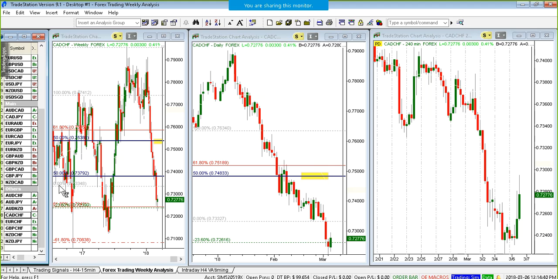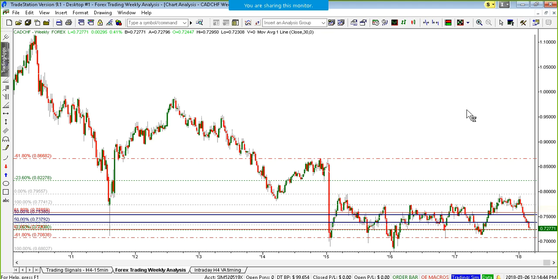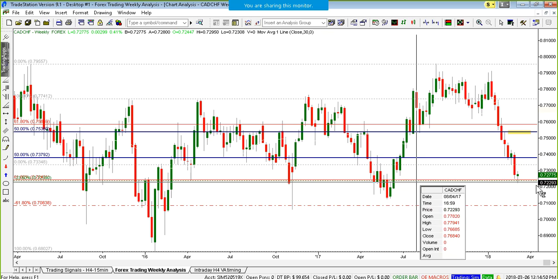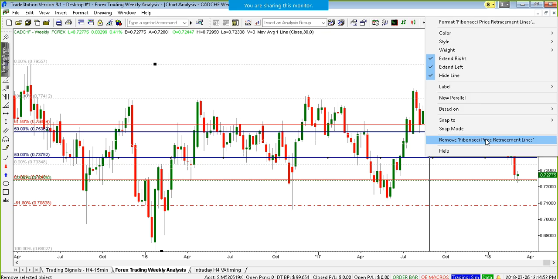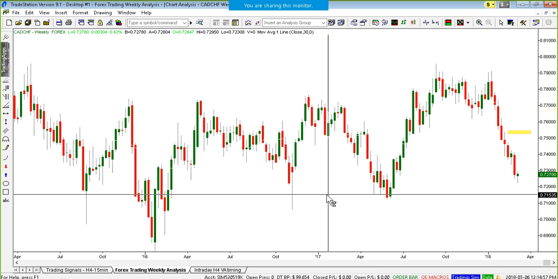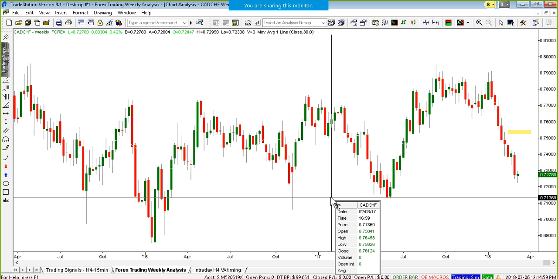The Canadian dollar Swiss franc has reached that area we were looking for, the initial 50% here that failed a number of times, and it failed again. So this market is simply in a range here and could move even lower.